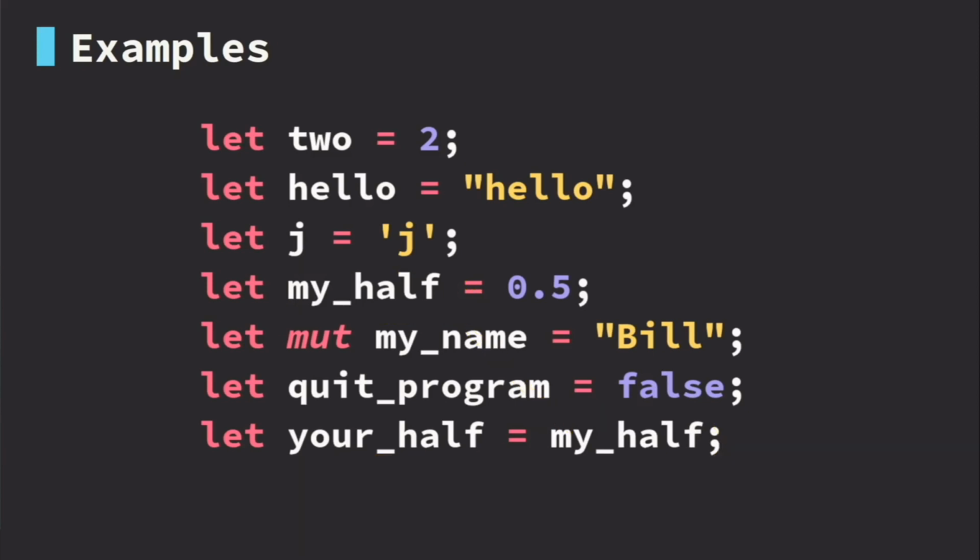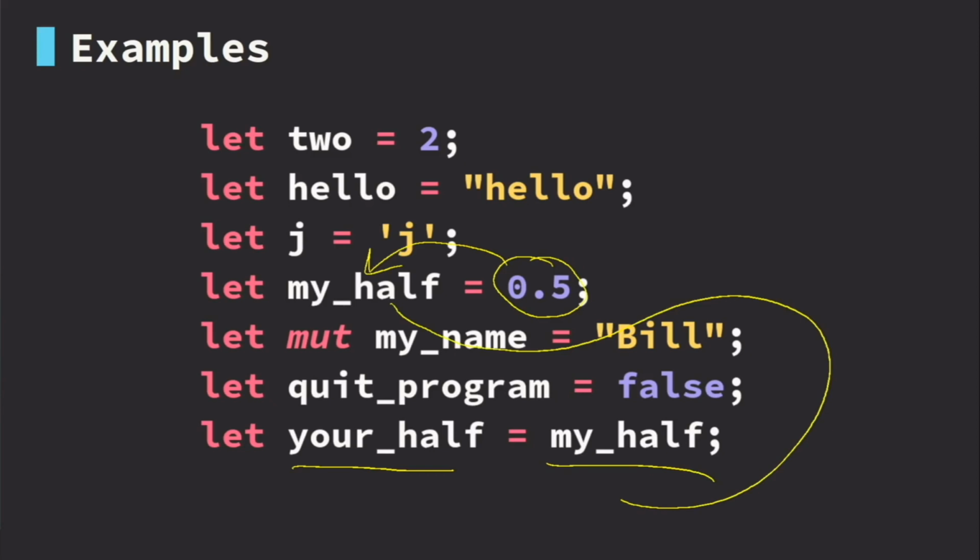So in the my_half variable, we have 0.5, which then gets assigned to my_half. Here, down in your_half, we have the my_half variable. So this will then get assigned to my_half. So that is 0.5. And then it in turn gets assigned to your_half. The end result is both your_half and my_half have the value of 0.5.